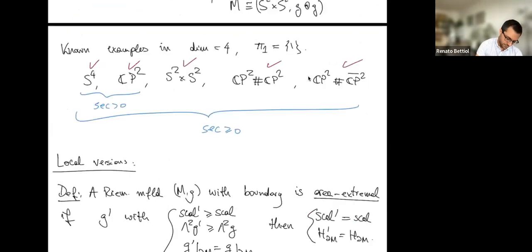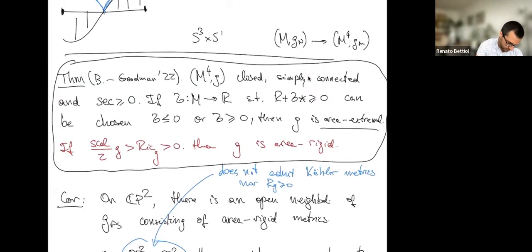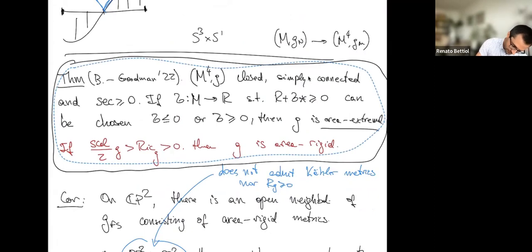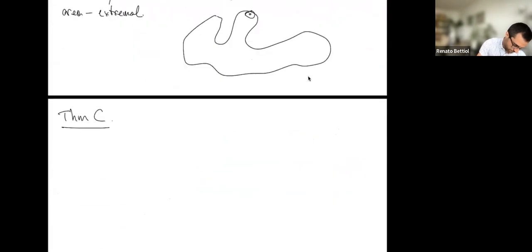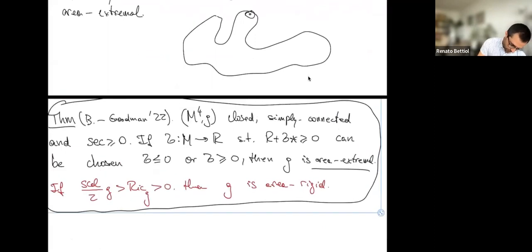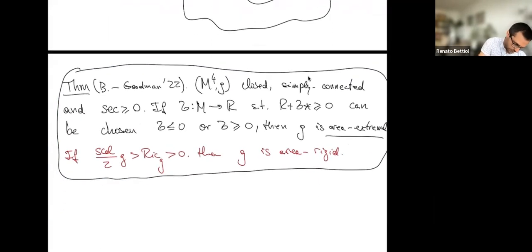I can be very lazy since I'm not on a blackboard. I can just copy and paste this, and I'll tell you how to adapt it. The version with boundary is the following. It's no longer closed. It's a manifold with boundary.